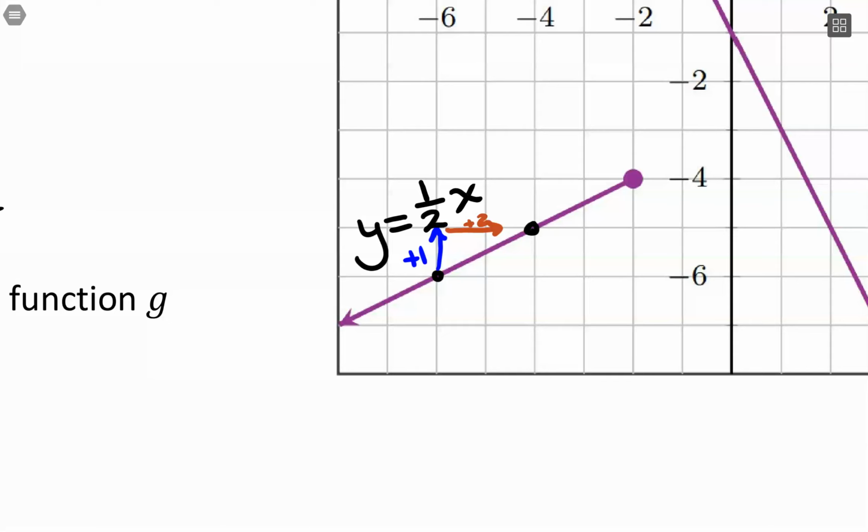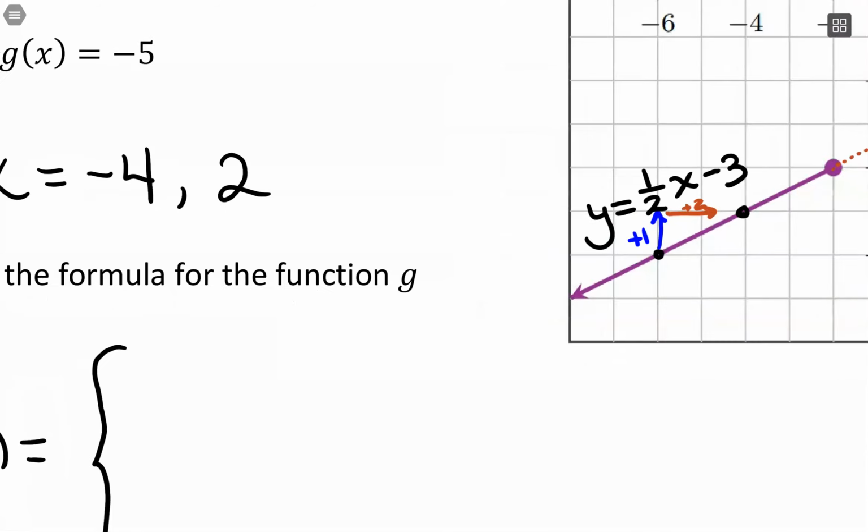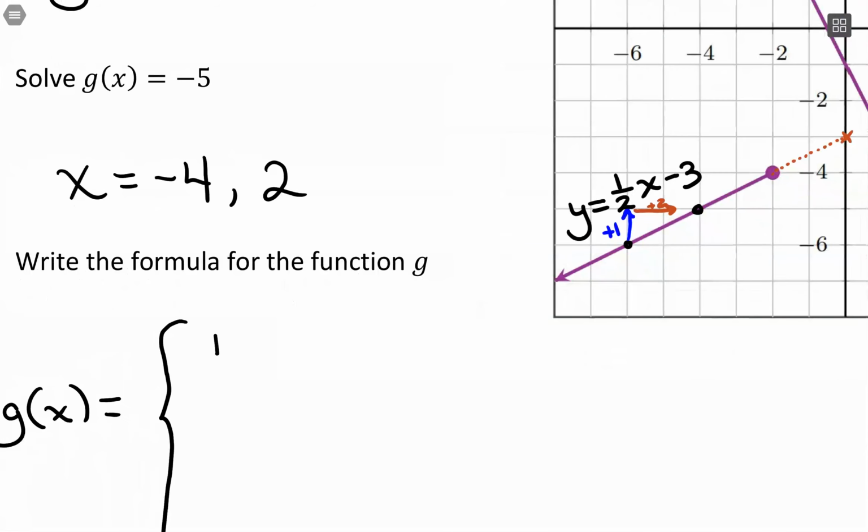And then to find the y-intercept, what I want to do is just imagine continuing the line on until I intersect the axis, which would be there at -3. So that's one of my functions, is 1/2 x minus 3.